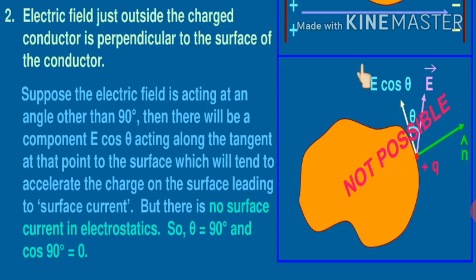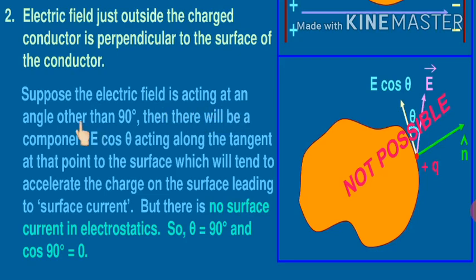But when we talk about electrostatics, we don't talk about surface current. It means whatever we assumed, that the electric field makes an angle theta other than 90 degrees, is wrong. So the electric field is always normal to the surface of the conductor. Theta is always equal to 90 degrees, and cos 90 is how much?